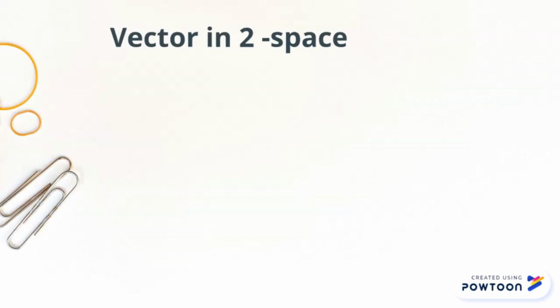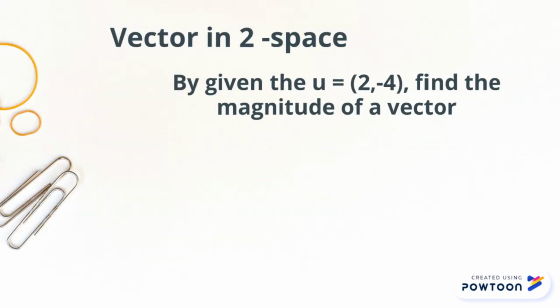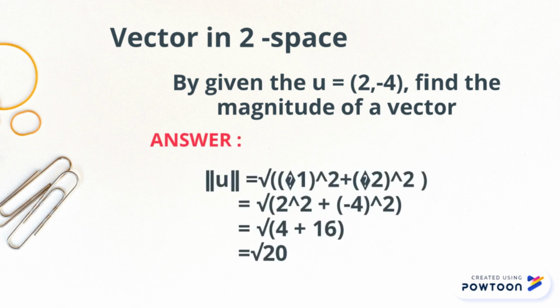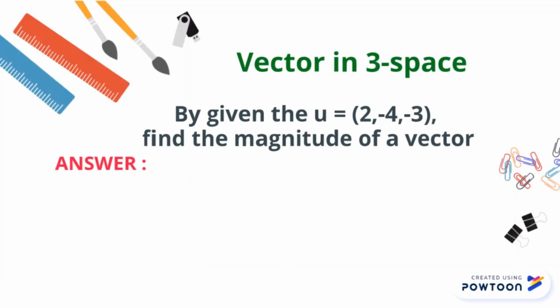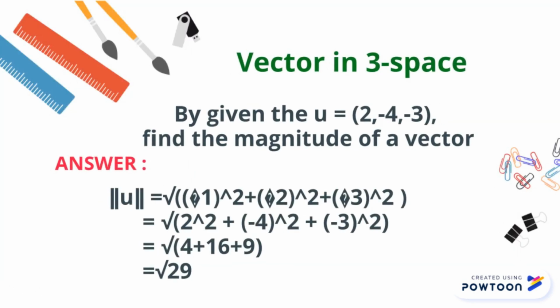Next, this is the question of magnitude of a vector in two space, and the answer is given. This slide is for the vector in three space of how to calculate the magnitude of a vector, and the question and the answer is given.